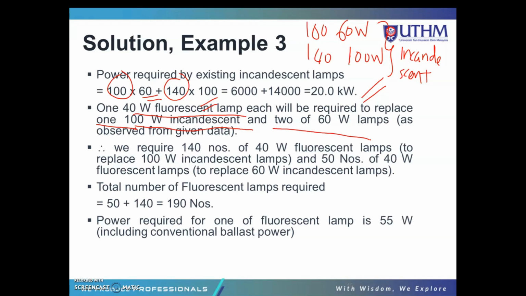Okay, so as I mentioned before, for the 100 watt incandescent lamps, we need 140 numbers of 40 watt fluorescent lamps in order to replace them.